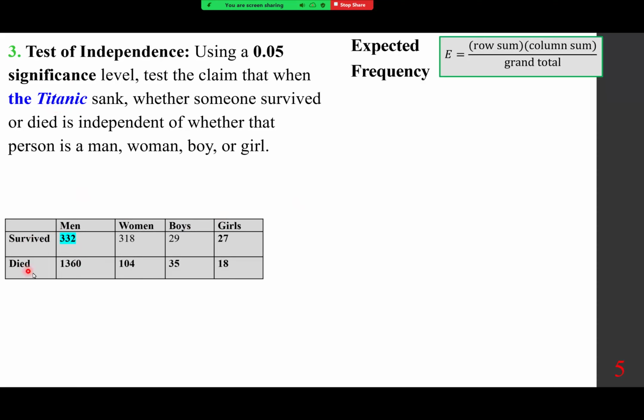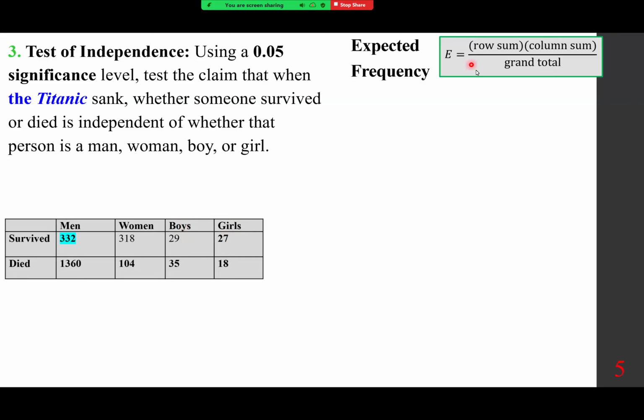And we are interested in categorical values, the variable surviving or not. So according to that, 332 men survived and 1,360 died. For women, 318 survived, 104 died. Boys, girls. So this is the given.